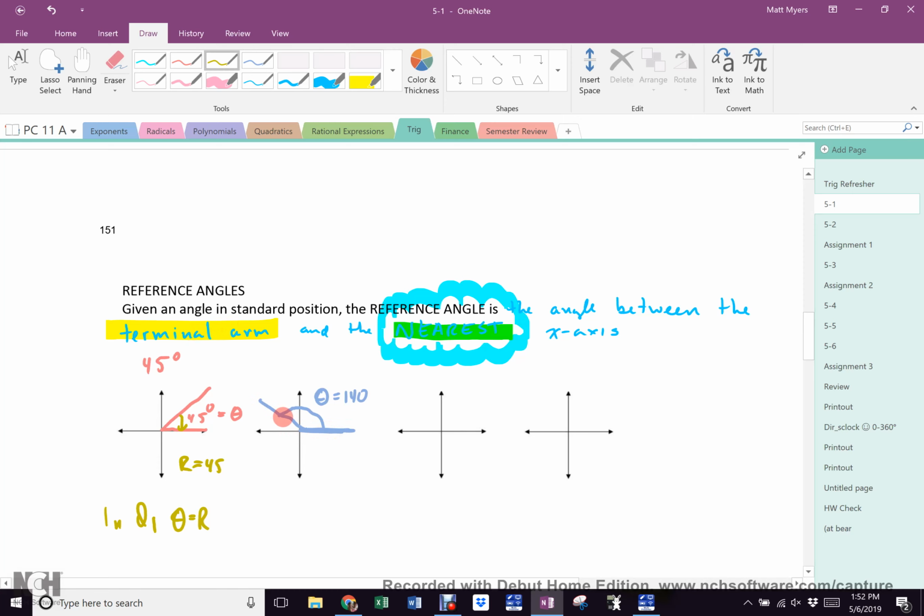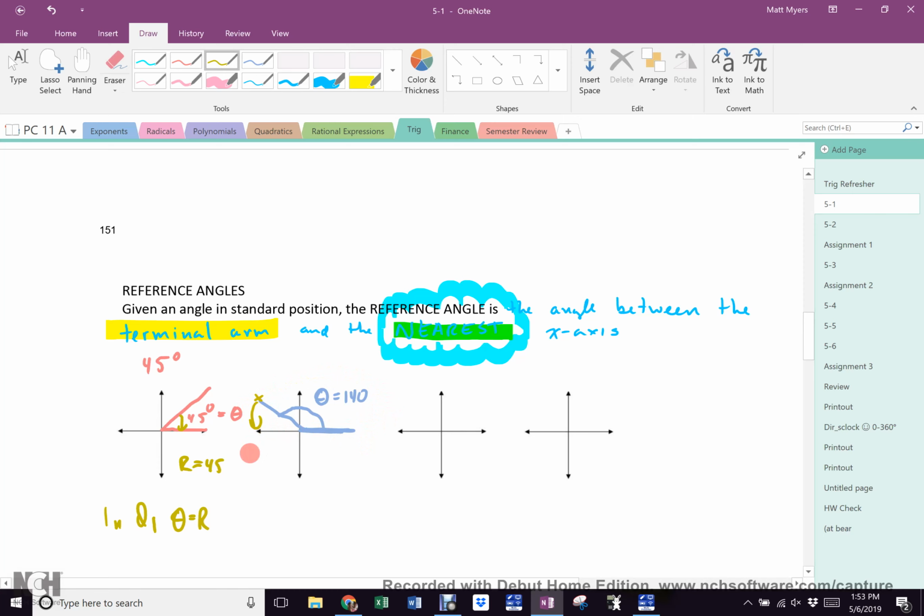Where is that? If you were to walk from this point to an x-axis, where would you walk? You would walk to the nearest x-axis. I'll say it slower. Where is the x-axis? The horizontal one. What's closer? There or all the way back to there?